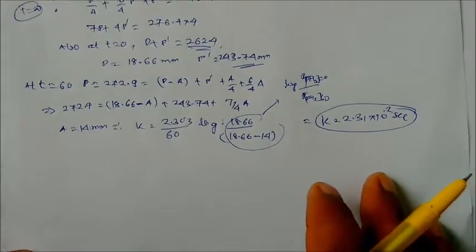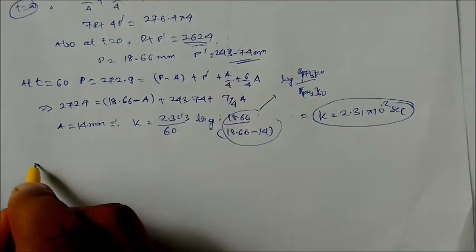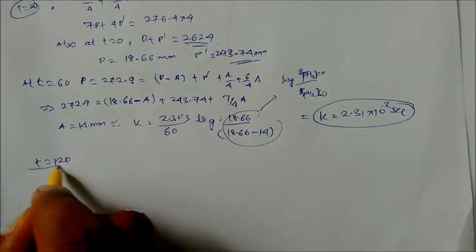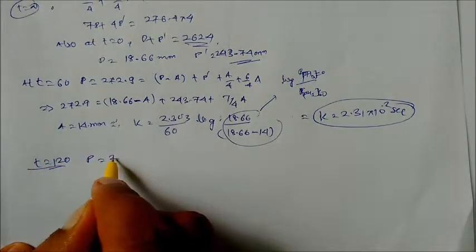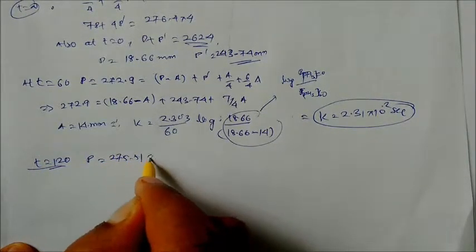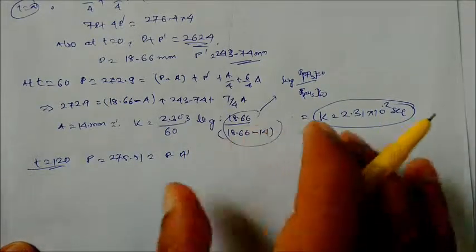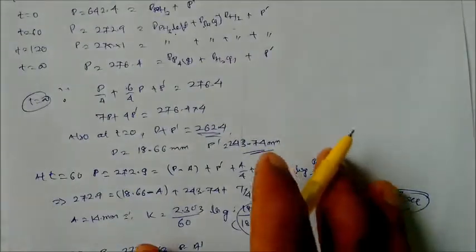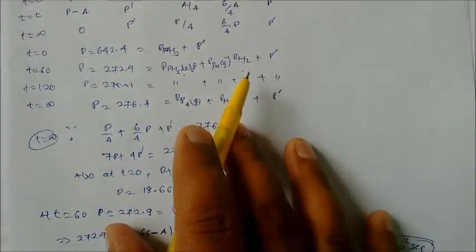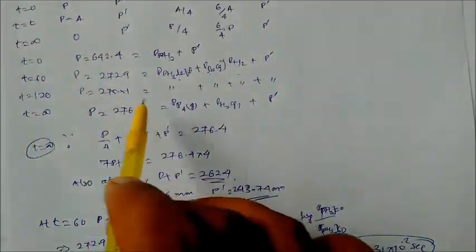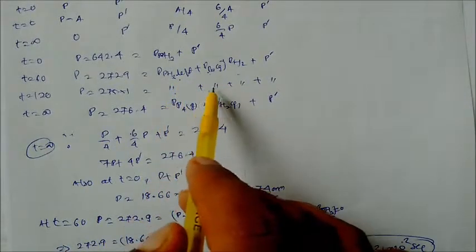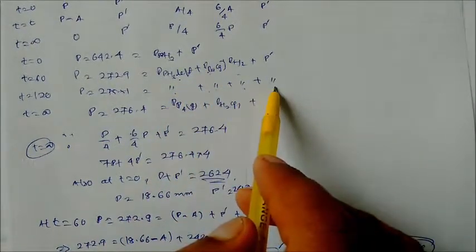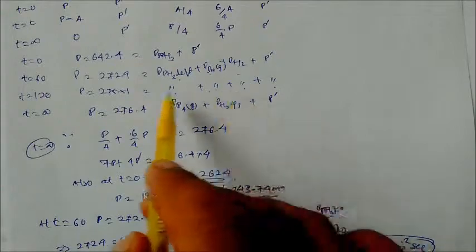Now we have to find K at T equal to 120. So in this case pressure is how much? 275.51. So again P minus A dash, if you see here, at T equal to 120, these are the equations, for phosphine left plus P4 plus inert gas. So we have to take this value.